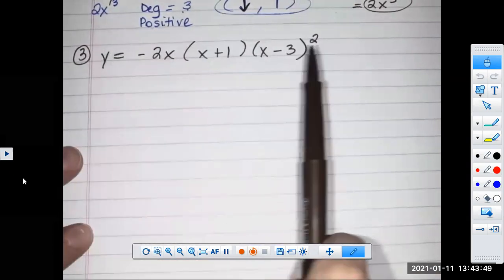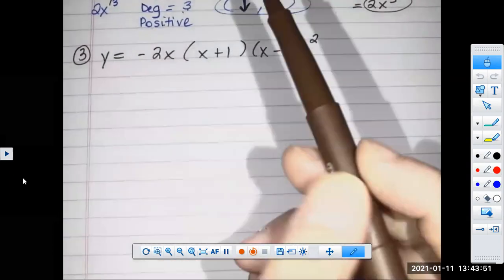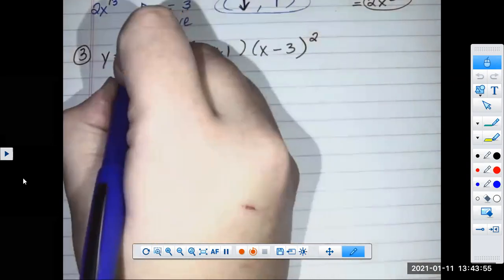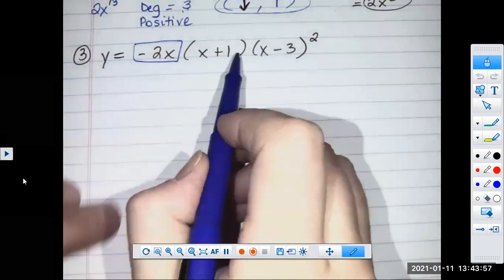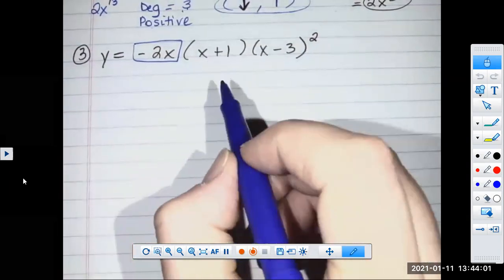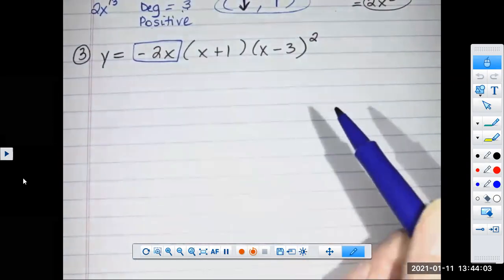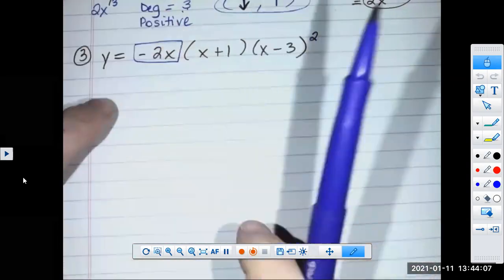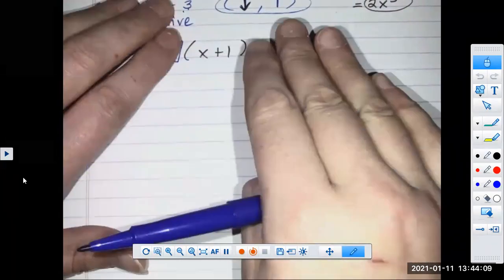Okay, so in this last problem that we're going to look at, this is one term here. So this is my first term. What's my leading term in this part? Leading term is simply, what's your highest degree in that part?